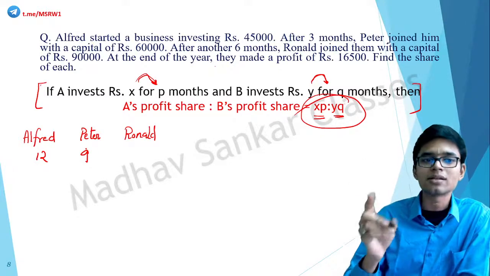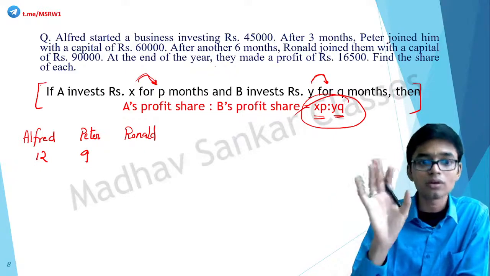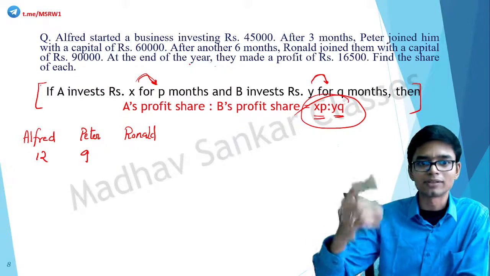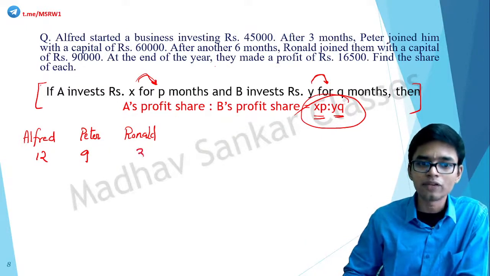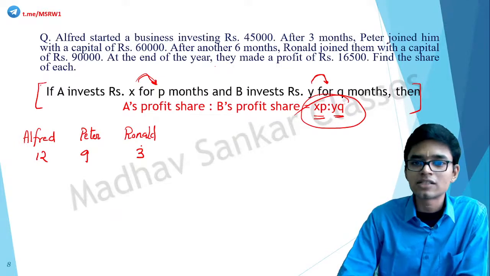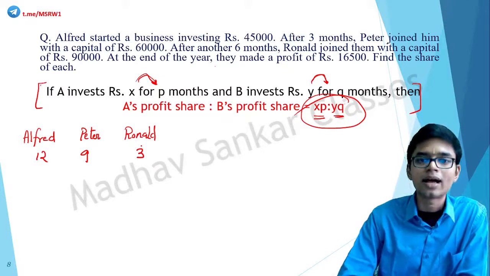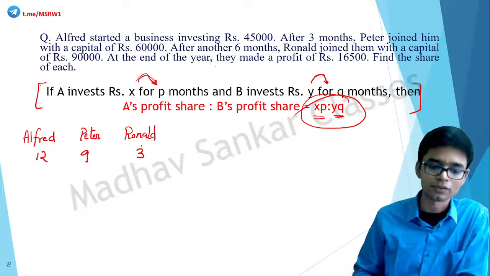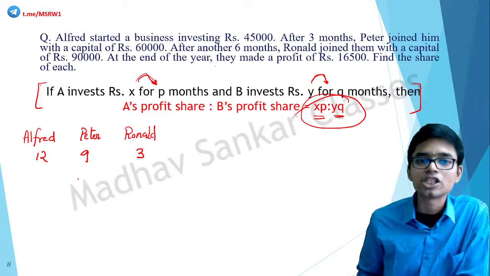Peter's total investment, that is 60,000 rupees, was there for 9 months. And Ronald came even after another 6 months. So Ronald invested only for the remaining, that is 3 months. This much very clear? Now, at the end of the year, they made a profit of 16,500. So find the share of each of them. Let's find the ratio of their capitals.